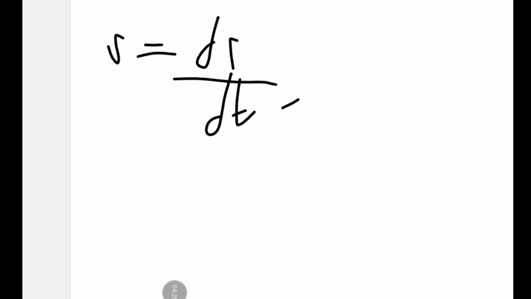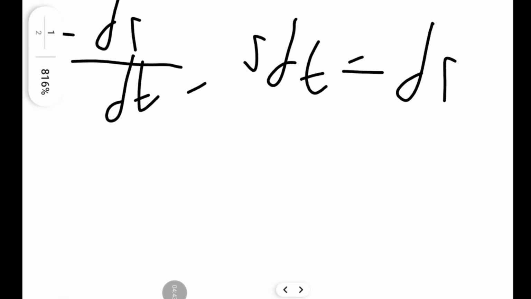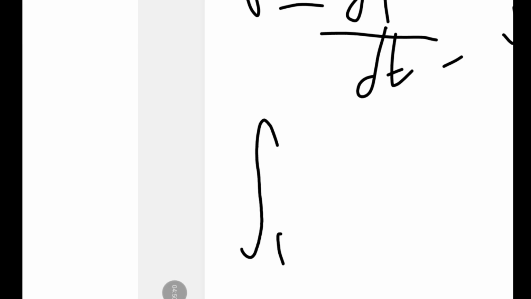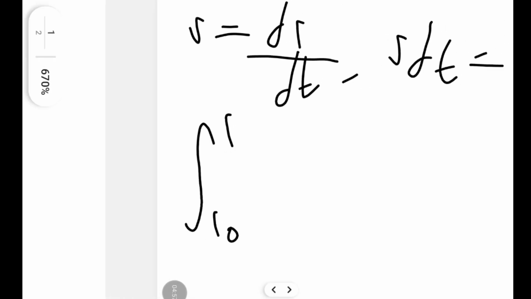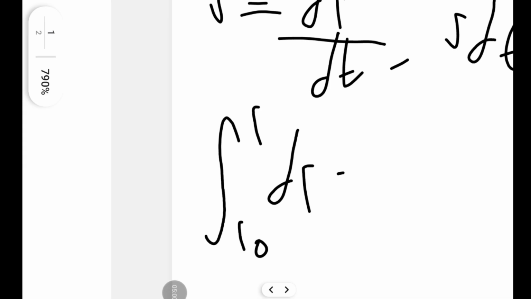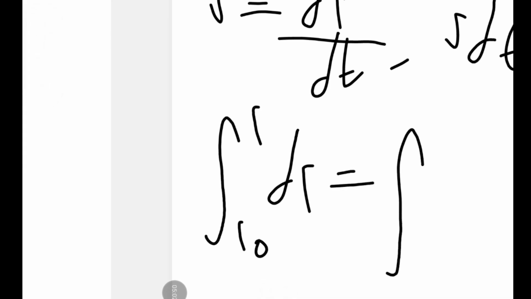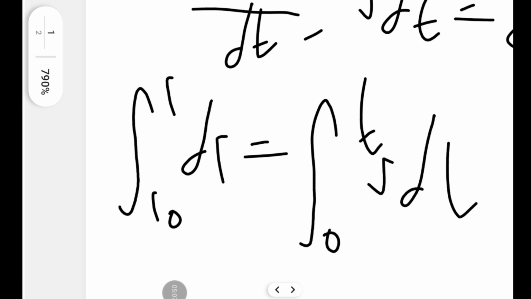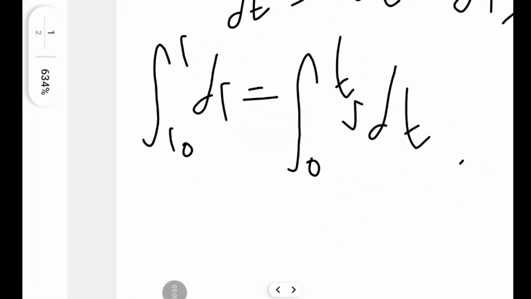So we have v dt is equal to dr, and we'll turn it around, and therefore we know the integral between the initial displacement and the current displacement r of dr is equal to the integral between 0 and t of v dt. That's the format we get it into.